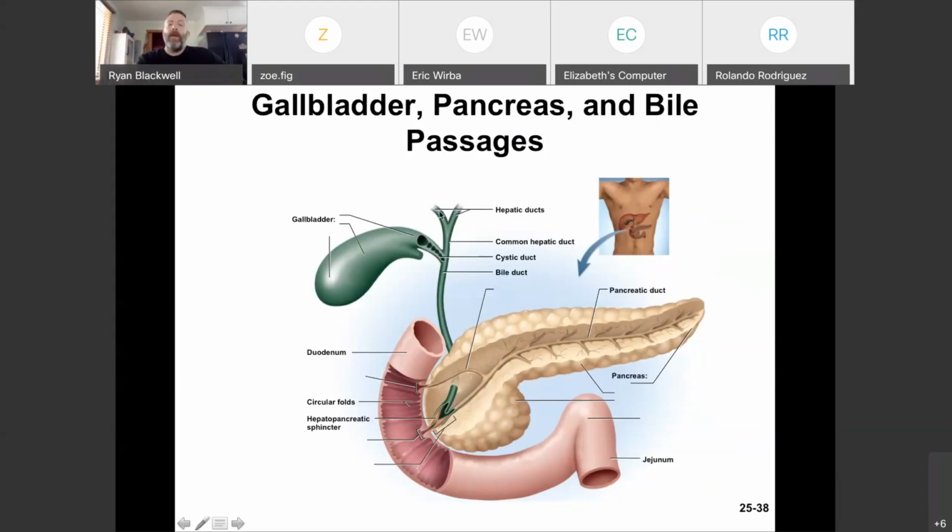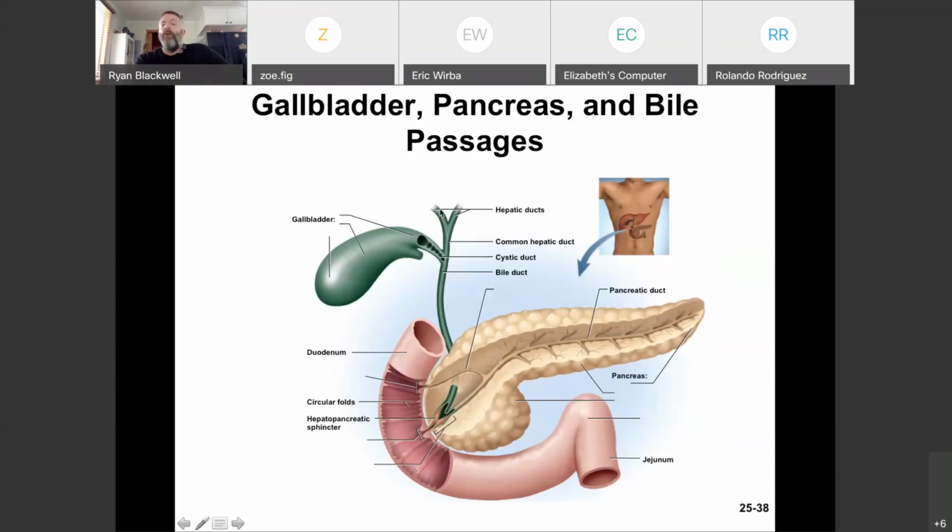You see, the right and left hepatic ducts are the ducts that carry bile out of the liver. As soon as they exit the liver, they converge into a common hepatic duct. Well, the duct that connects the gallbladder to this network of vessels is called the cystic duct.